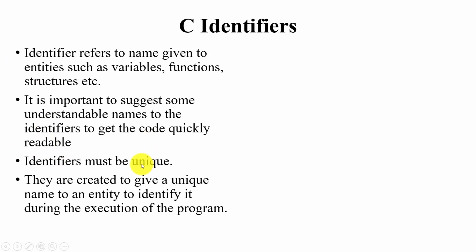Identifiers must be unique, that is, one identifier cannot be repeated again. One identifier is considered a single name, that is, it's unique. It creates a unique name to identify something during the execution of the program, because while writing a program we give names to variables and functions, and during execution the program identifies that variable or that particular identifier.